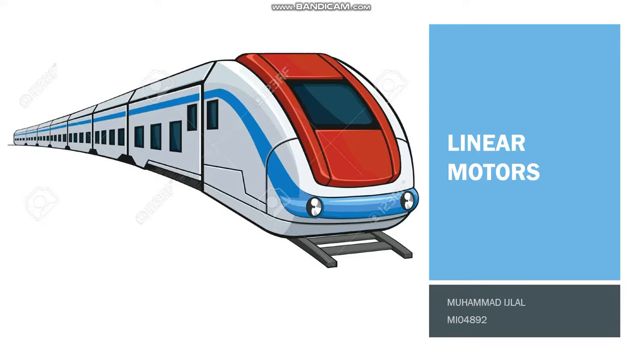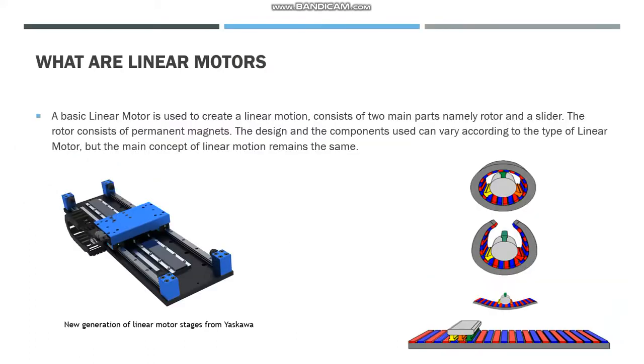I am presenting on linear motors. So basically, linear motors are electrical machines that are used to create linear motion, and they consist of two parts, the rotor and the slider. The slider is also known as the stator of this motor.